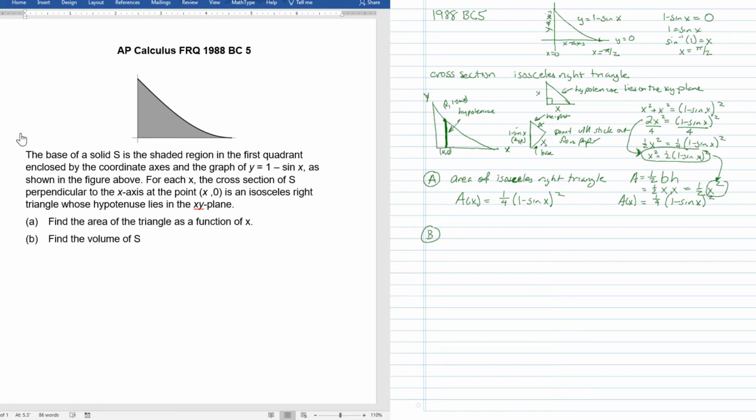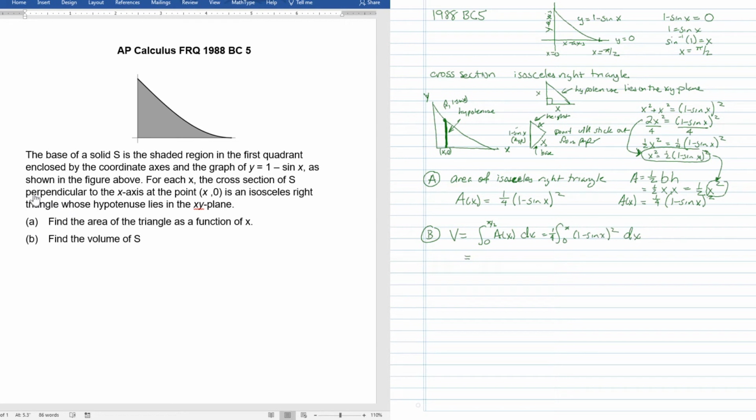Now if I'm going to find volume, the volume for this problem is computed by taking the integral of the area formula between two limits, in this case 0 to pi over 2, which means I'm going to be taking the integral from 0 to pi over 2 of 1/4, I'll put the fourth in front, times 1 minus sine of x quantity squared dx.